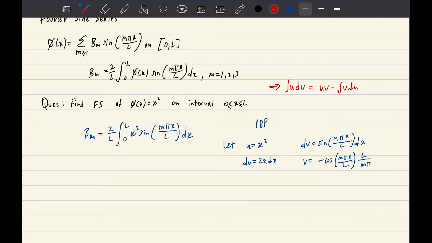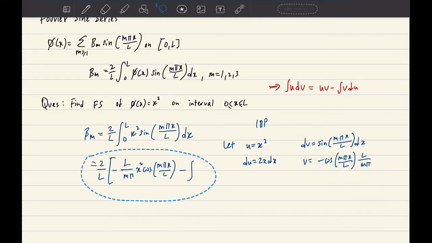All right, so now we have 2 on L is equal to all of that stuff. So x squared, times minus, the L, minus x squared of course, and we take the negative of the integration of v.